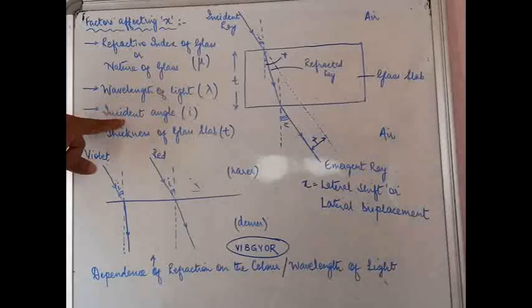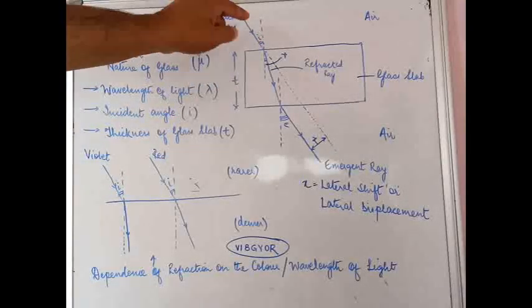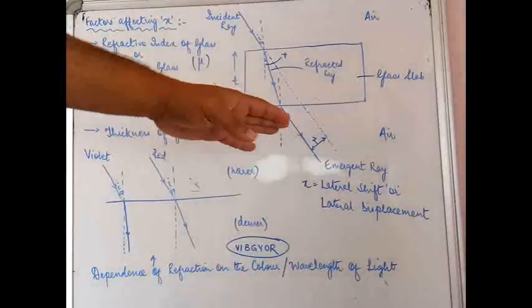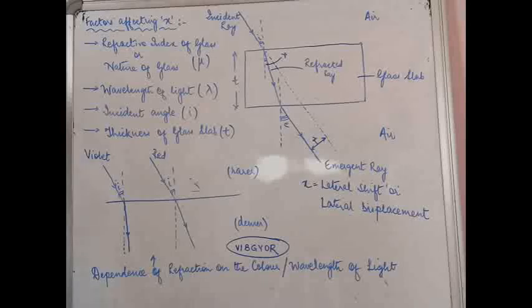Now, the angle of incidence, or the incident angle. If you increase the angle of incidence, you will find that the lateral shift also increases. So this is the third factor.